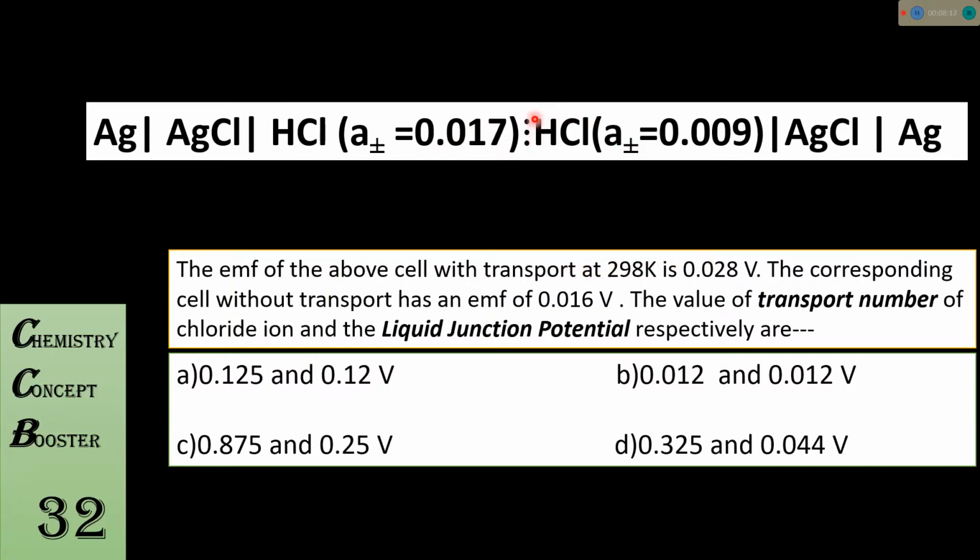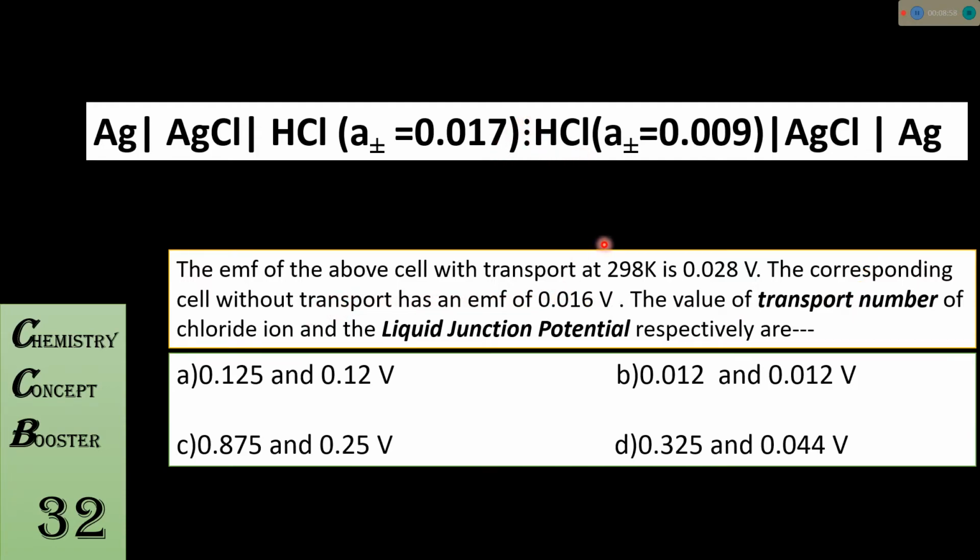Now if we replace this triple dot with a double vertical line, that becomes a cell without transport. In that case we are using an inert electrolyte to eliminate the liquid junction potential, and the cell EMF value is given for without transport.